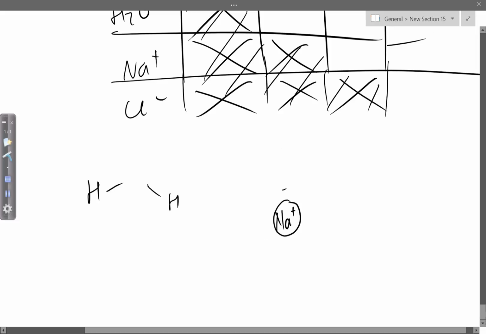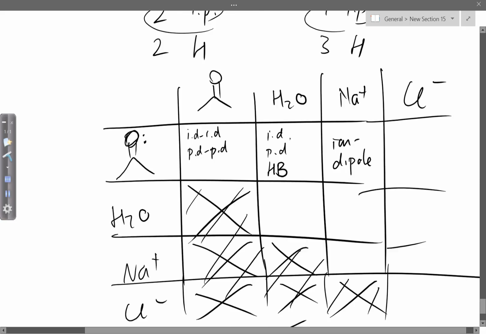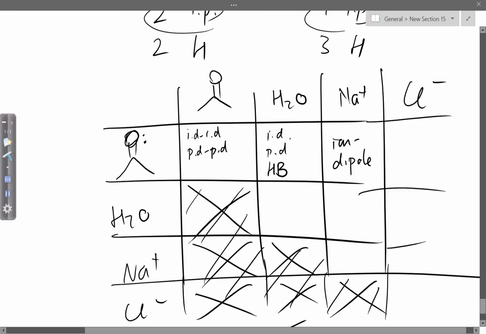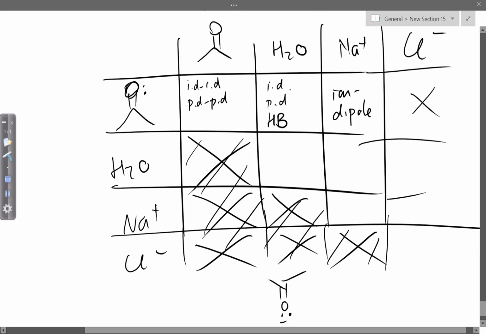The plus is going to interact with the lone pair on O. This is going to be a lot around this ion dipole. What about Cl-? Can you interact with this in the same way? Cannot, because this is negative, this is also negative, right? There can be interaction, but I don't want to confuse you, so just assume that there's no interaction, right?